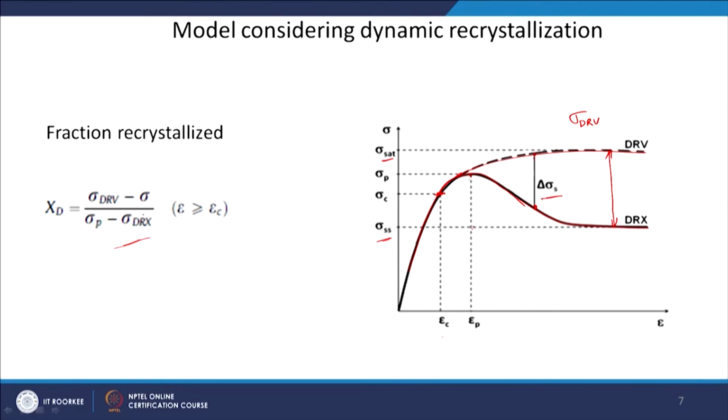So, this ratio of sigma DRV minus sigma upon sigma p minus sigma DRX should give me how much is the fraction recrystallized, because by that amount the stress will come down. Again, we are talking about strain more than epsilon c.